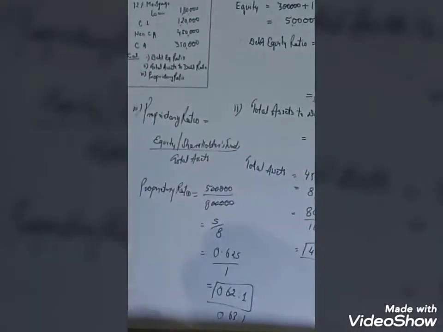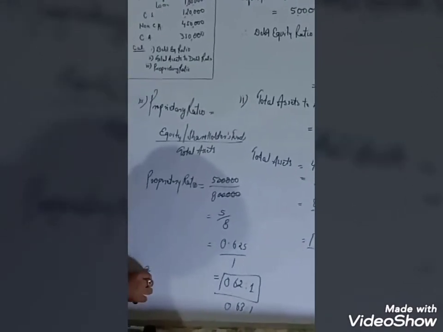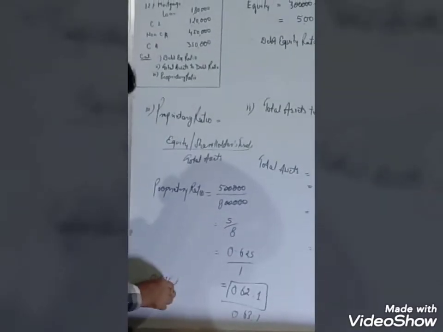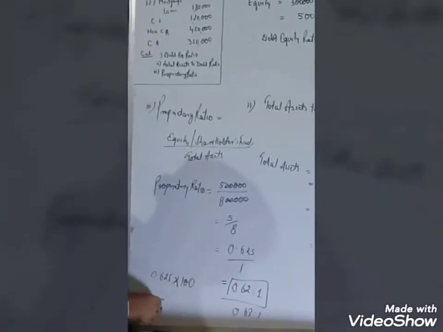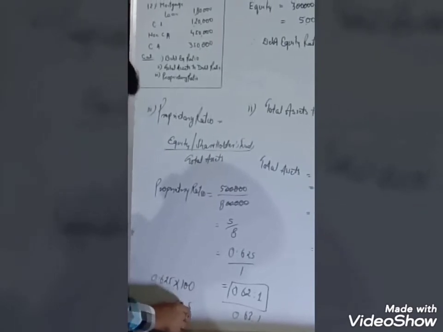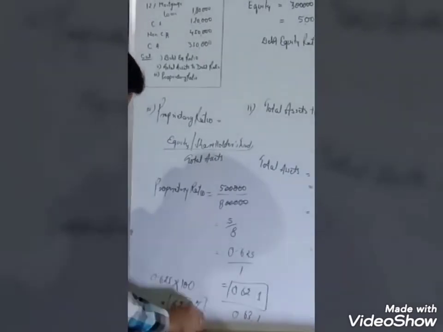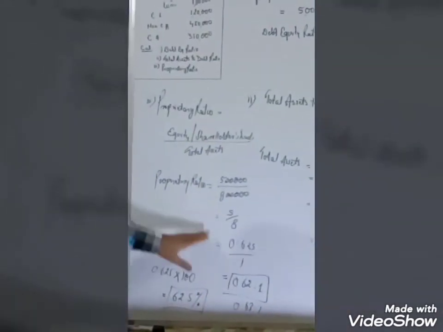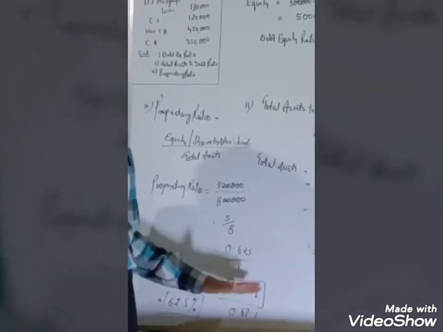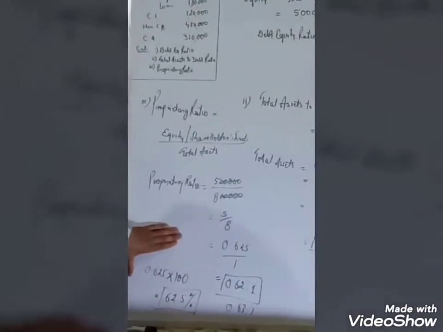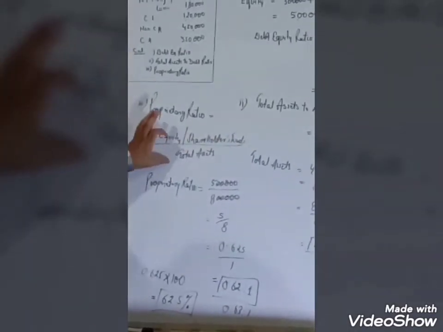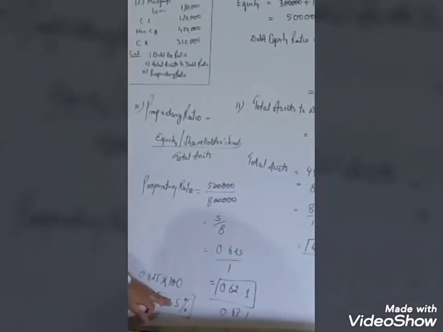So if we multiply this 0.625 ratio into 100, this will become 62.5%. Either you can express this ratio in pure ratio 0.63 ratio 1, or you can express this ratio in percentage by multiplying equity divided by total assets into 100.